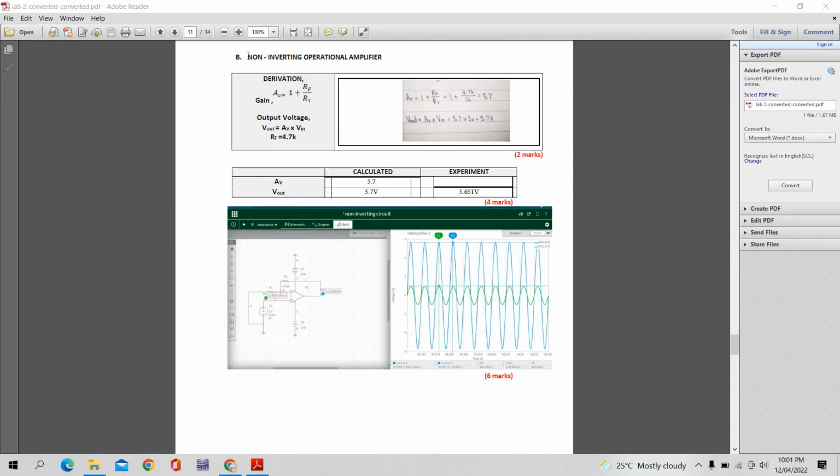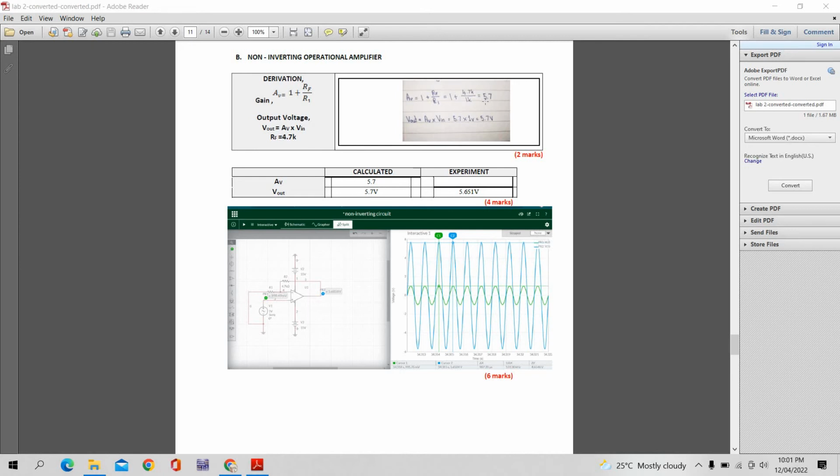For the second part, we're going to see the non-inverting operational amplifier. The formula for the gain is not the same. The gain formula is 1 plus RF divided by R1. I used this formula to calculate the gain.